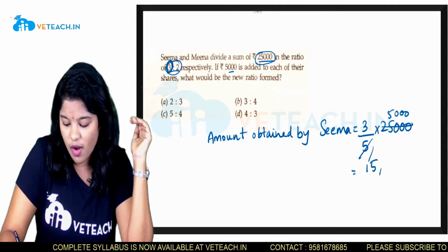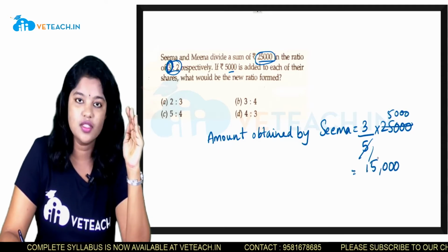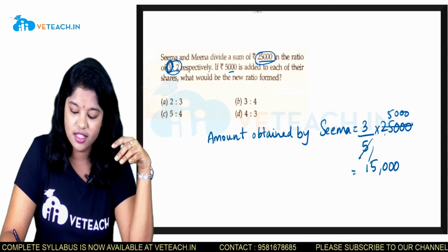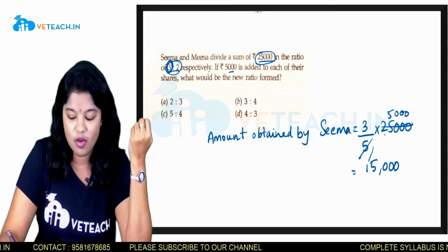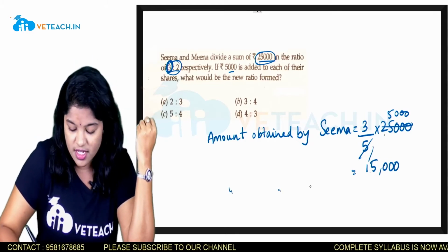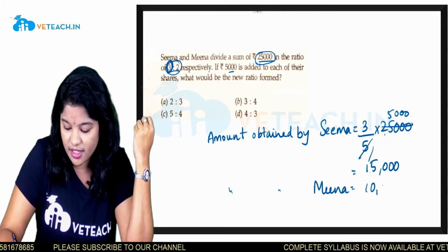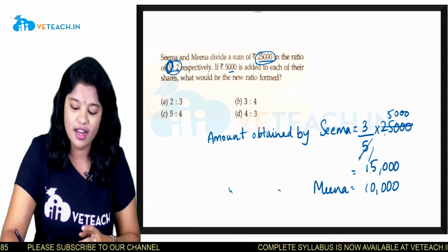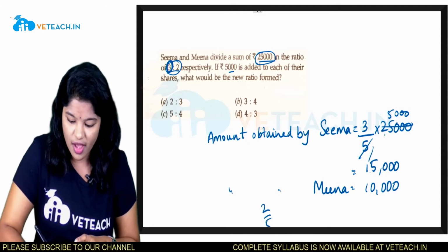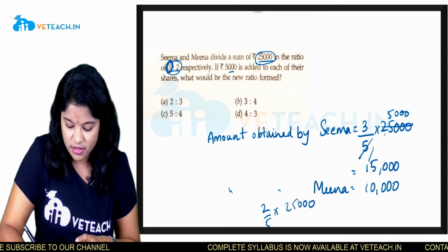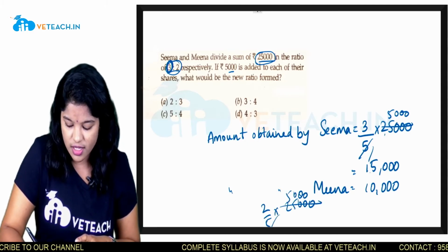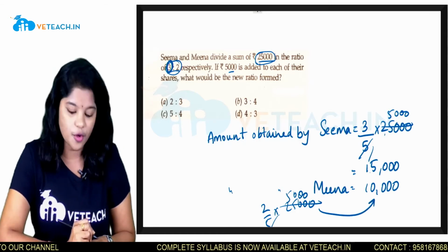So Seema got a share of 15,000 rupees. So the remaining, that is nothing but 25,000 minus 15,000, we can simply write the amount obtained by Meena is nothing but 10,000 rupees. Otherwise, you can calculate in the same way: 2 by 5 into 25,000, that is nothing but equals to 10,000 rupees.